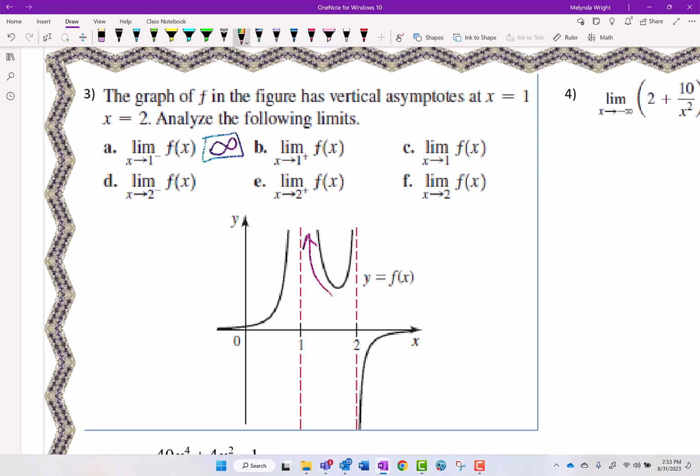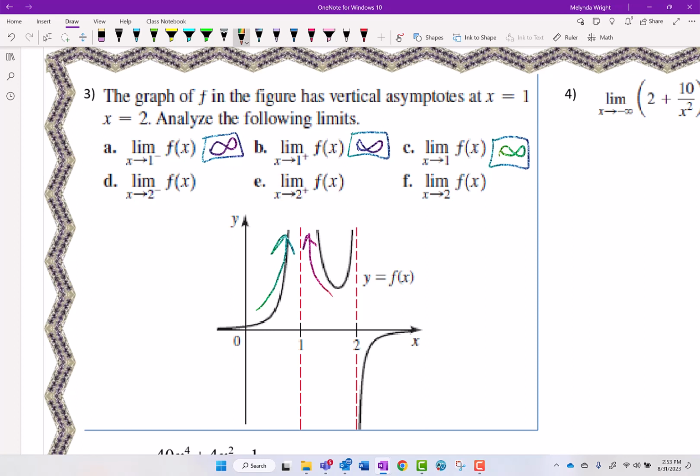Okay, we're going to 1 from the right, and that's also infinity. So those are the one-sided limits. Going to 1 is a two-sided limit. Where is the two-sided limit headed? They're both going the same way, aren't they? So the two-sided limit is going to also be infinity. That's what it is. Okay?